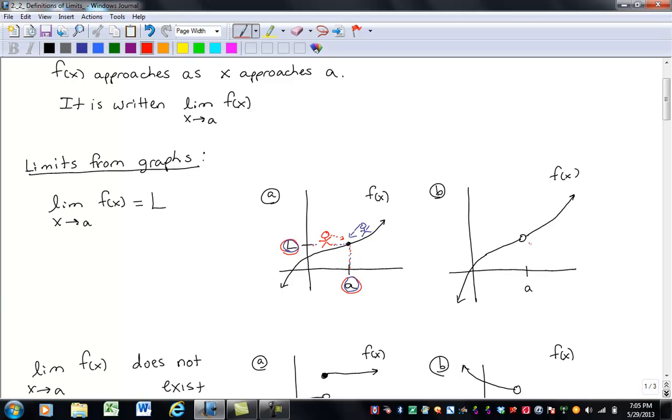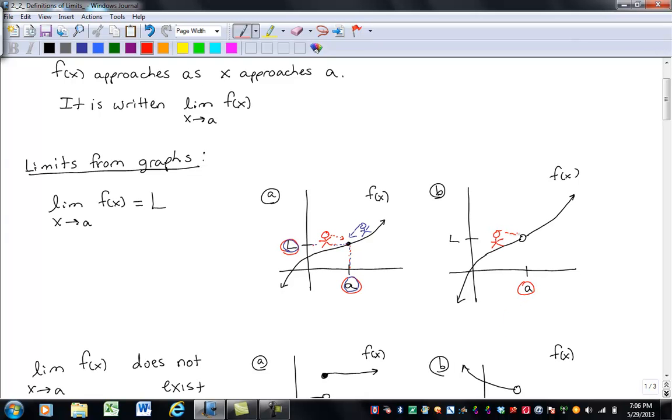The limit tells us where it looks like we'll end up when x is a, when we walk on the graph. So again, I'm going to stand on the left-hand side of this graph. This is the left-hand limit. And I want to see what y value it looks like I'm going to end up at when I walk all the way to x equals a.